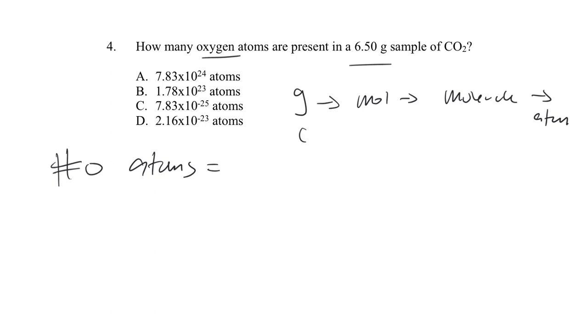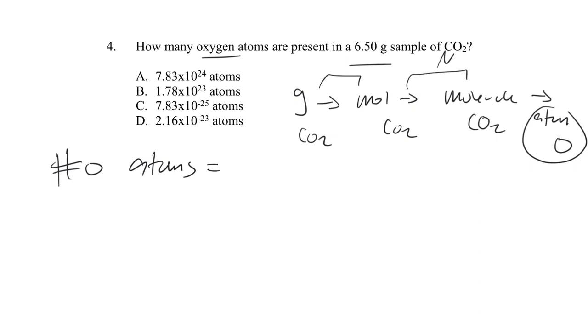So grams of CO2 to moles of CO2 to molecules of CO2 to atoms of oxygen. To do grams to moles, we need a molar mass. To do moles to molecules, we need Avogadro's number. And then for molecules to atoms, we need to inspect the formula of the compound.